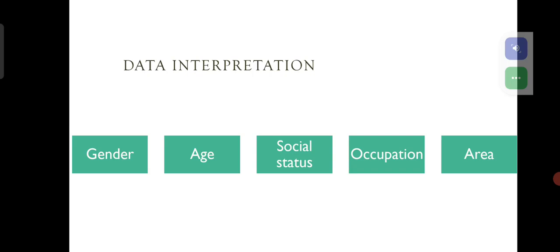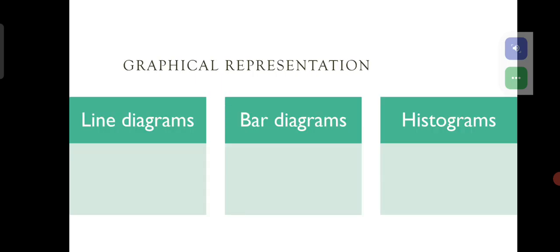So that is about data interpretation. And this should be followed by graphical representation. You can use line diagrams, bar diagrams, histograms. That means the moment the Viva committee happens to see the graphical representation, they should get the overall picture, the overall concept of your project report.